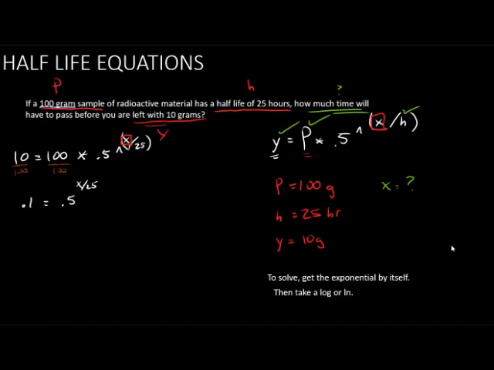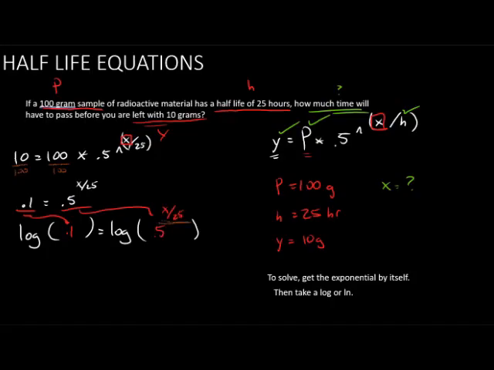I'm going to use a common log for this one, so I'll begin by writing log on the left and log on the right. On the left, I will put 0.1 into the left parentheses, because that's what's on the left, and then I will put 0.5 raised to the x over 25 inside of the other parentheses.